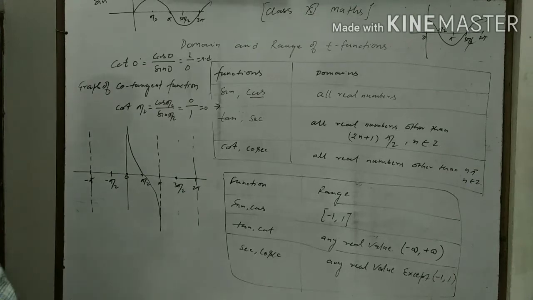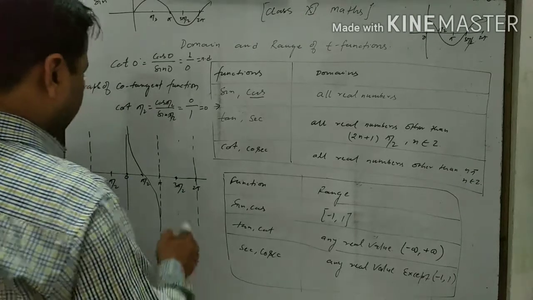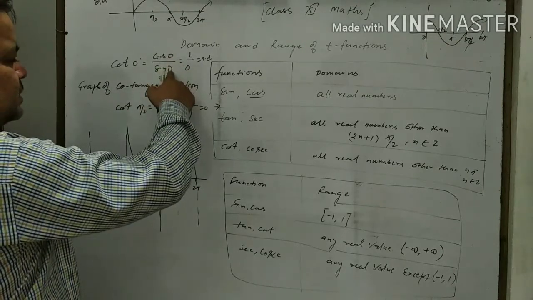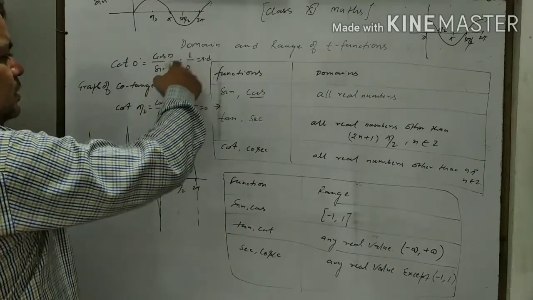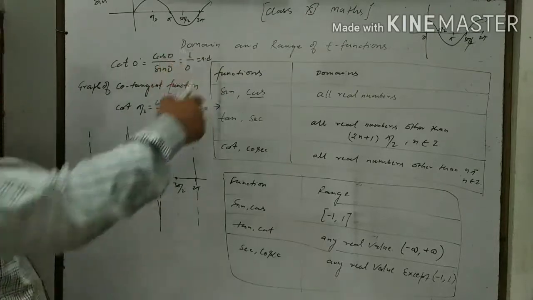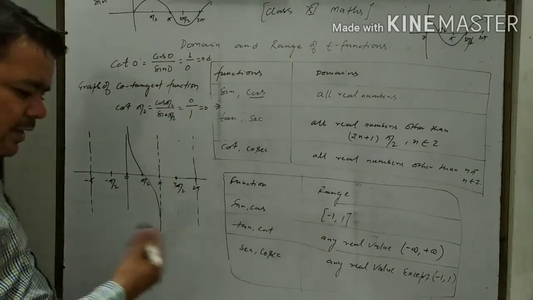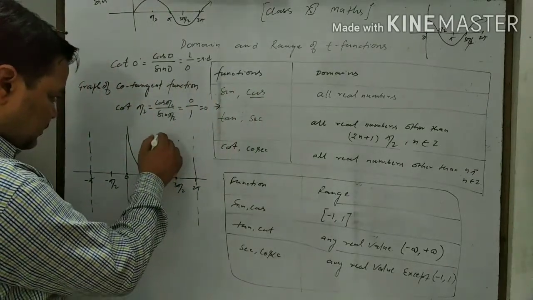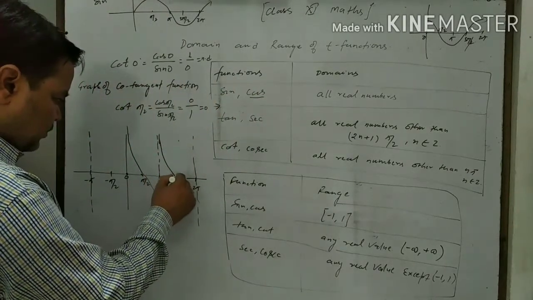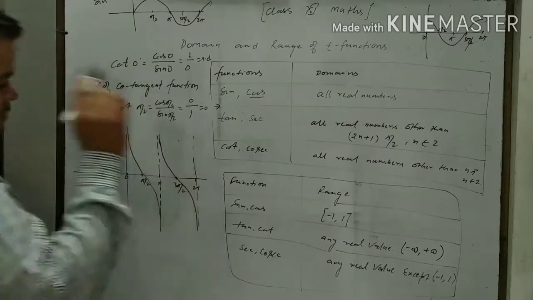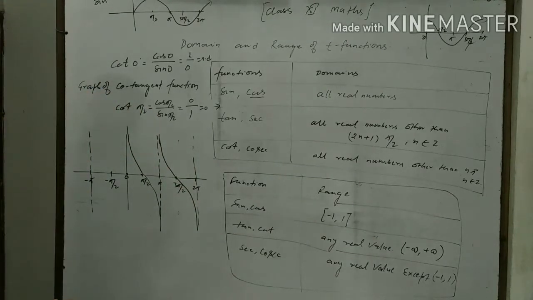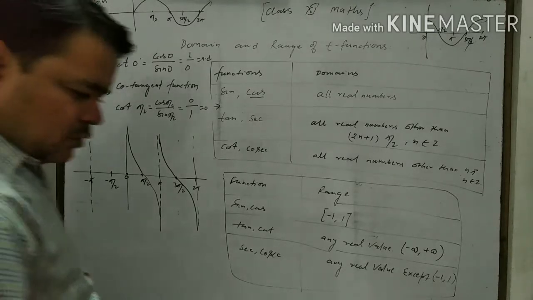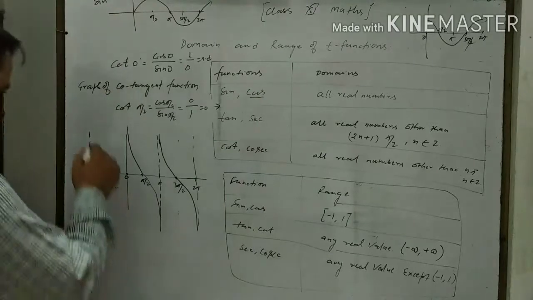Similarly, at pi, cos pi is minus 1 and sin pi is 0, so again its value will be like this. In this way. Similarly, the graph of this value will be at minus pi by 2.